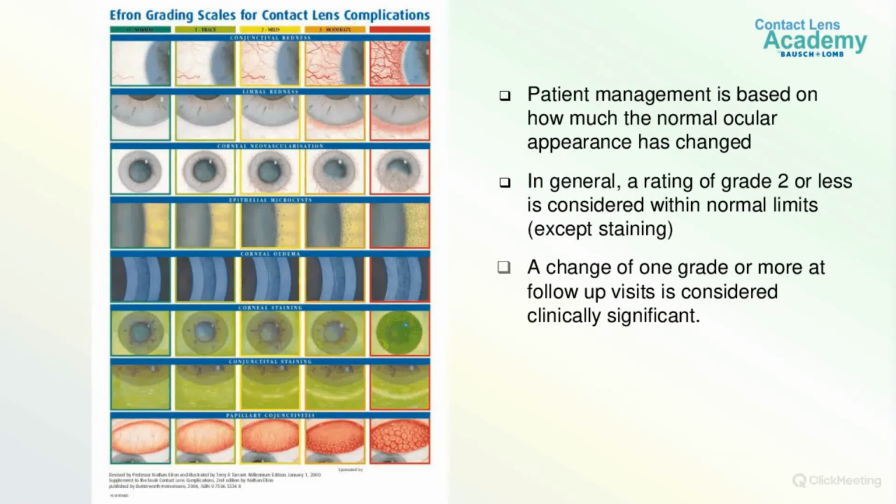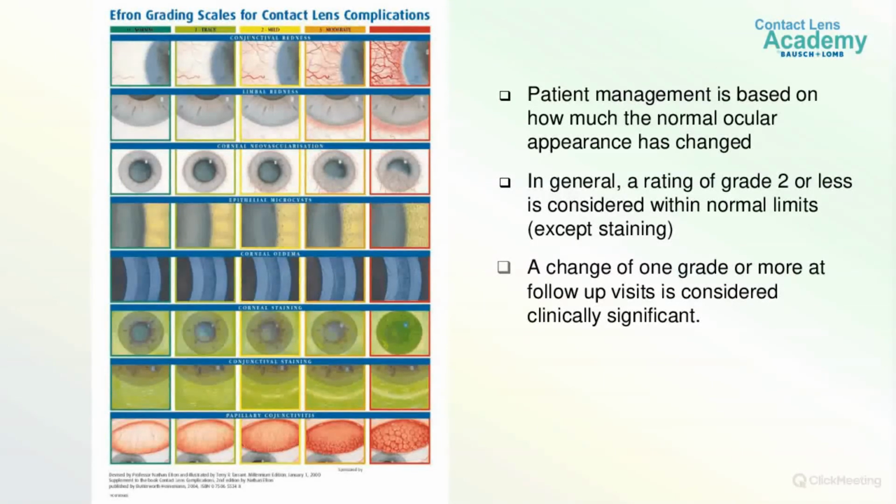And this is how the full Efron scale looks. I'm pretty sure most of you have seen this, and actually are also using this grading scale to evaluate ocular surface changes.